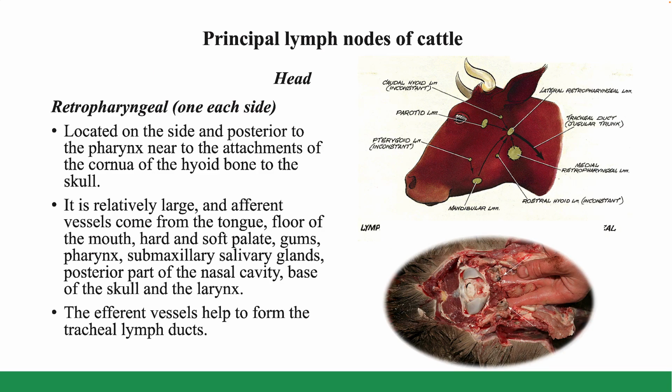These are the principal lymph nodes in cattle that are common in all ruminants, and we normally use them during inspection. We have lymph nodes of the head. First, we have the retropharyngeal lymph node.